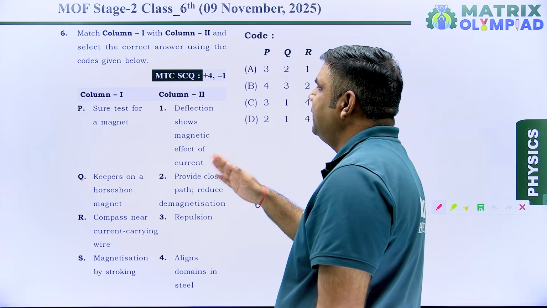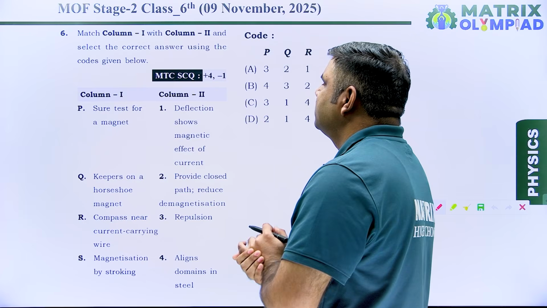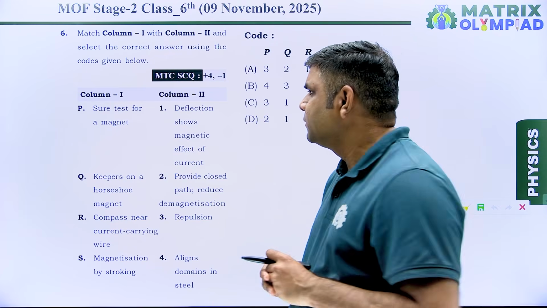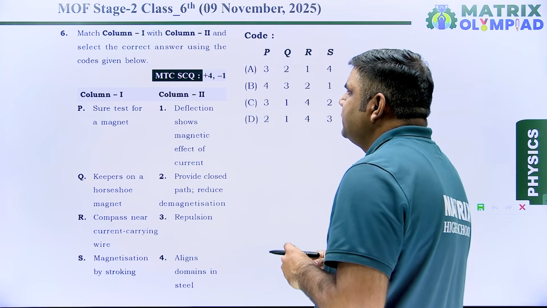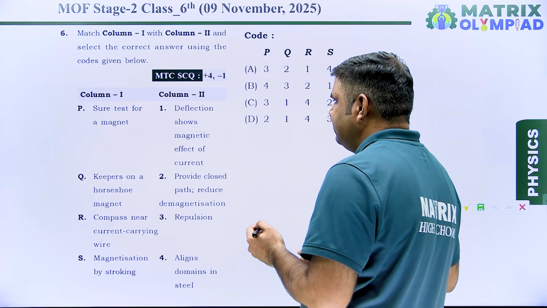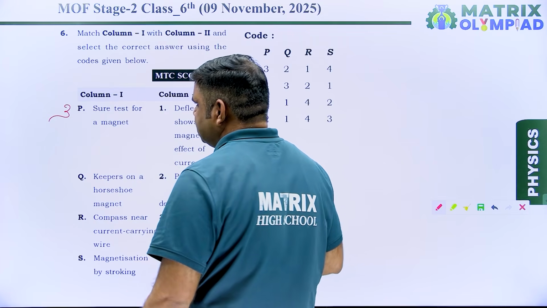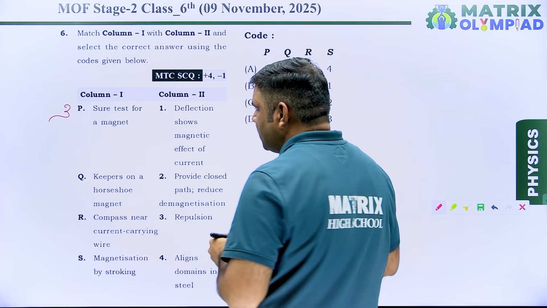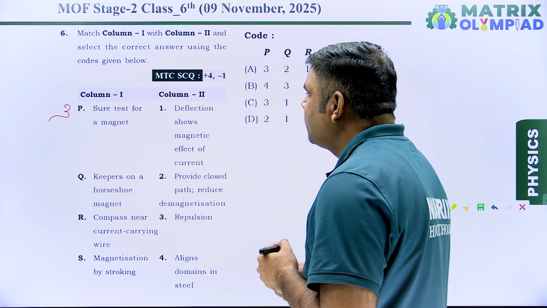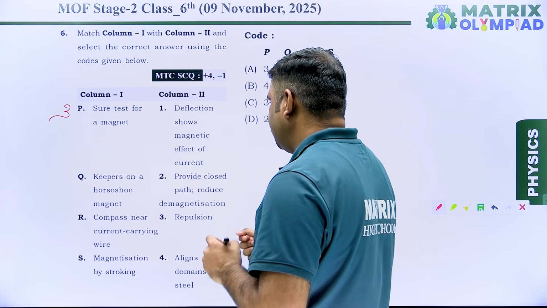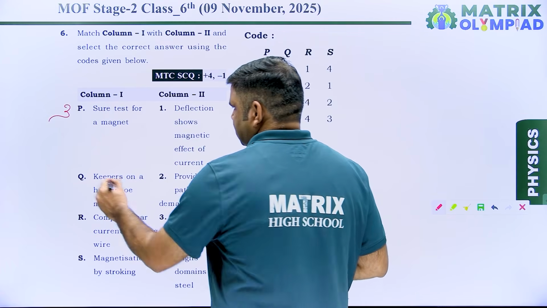which is based on column first and column second. We have to match column first with column 2. So P, short S for a magnet, that is repulsion. So P is matched with 3. Keepers on a horseshoe magnet provide a closed path and reduce demagnetization.